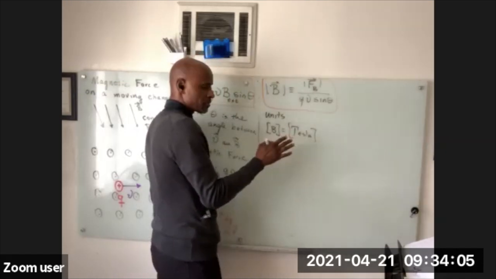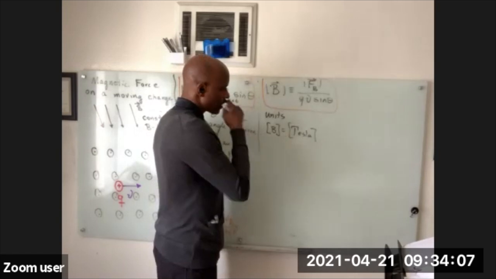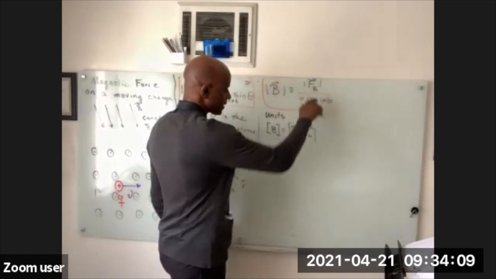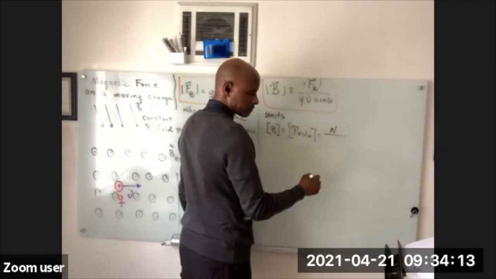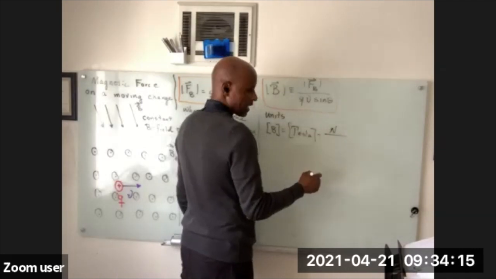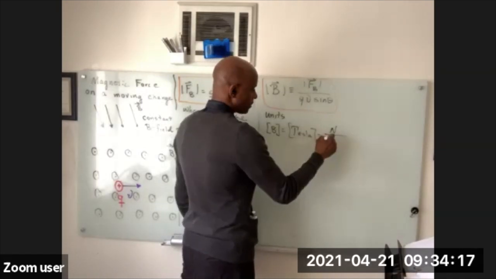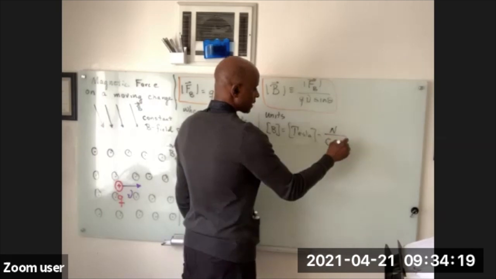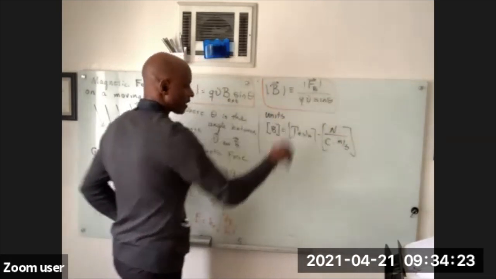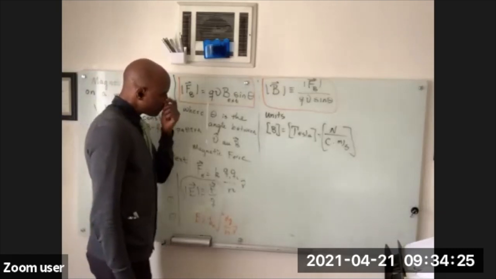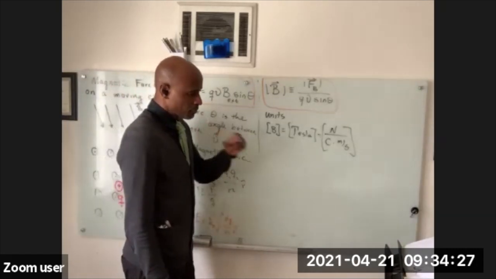It's just taken directly from here. This would be a Newton per Coulomb meter per second. You can just get that directly from this, combining those. But there are different ways in which you could put this together.